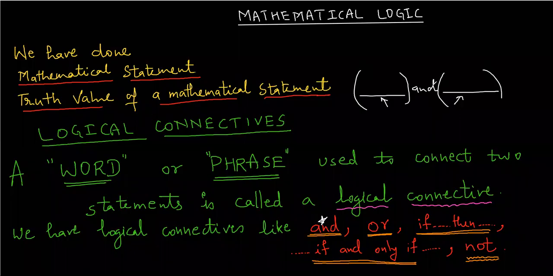Since there are two, I call and a binary connective. B-I-N-A-R-Y. Binary. Bi means two because it is connecting two. Same is the case with or. Or is also a binary connective. These all are binary connectives, but not is a unary connective.